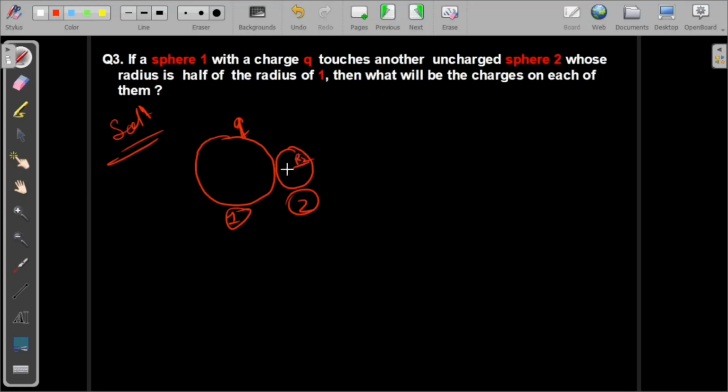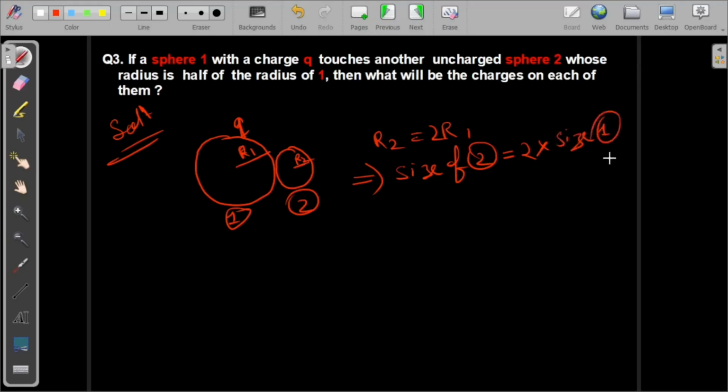The radius R2 is twice the radius R1, the radius of the first sphere. That means the size of sphere 2 is twice the size of the first sphere. Understood?